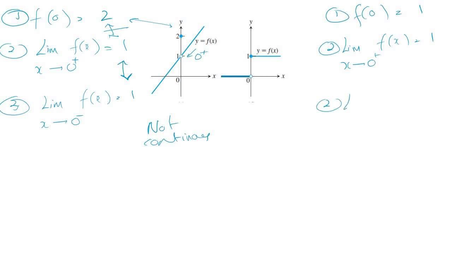Third, the limit as x tends to 0 from the negative side is equal to 0. So we see that there is a value, but they are not equal. These two are equal, but these two are not equal. So it is not continuous.